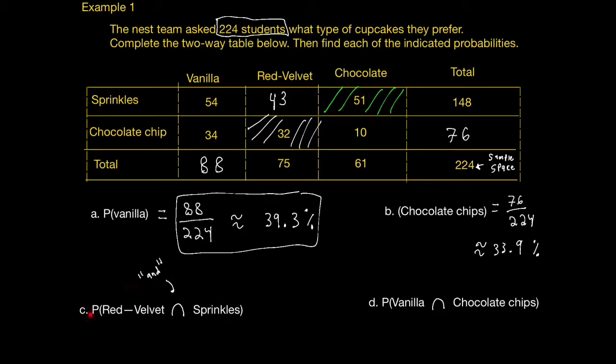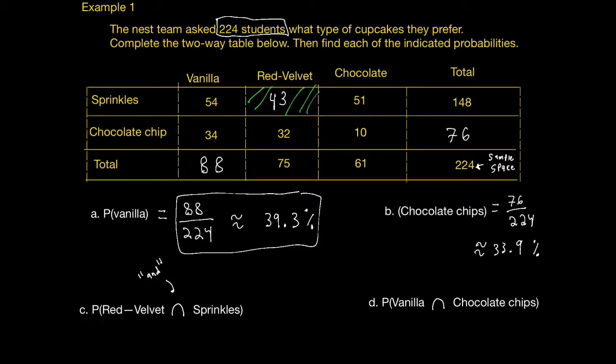So let's look at part C now. So we want the probability of red velvet and sprinkles. So we want one of these intersections. And the intersection I want is, I'm going to begin with red velvet, and I'm going to stop when I see sprinkles on my left. And this happens fairly quickly because the 43 represents the number of people that liked sprinkles and liked red velvet.